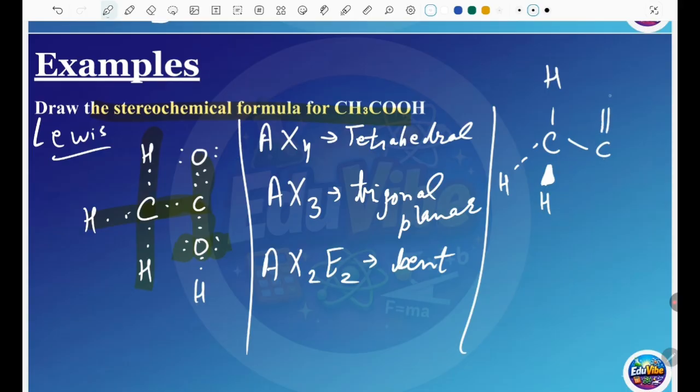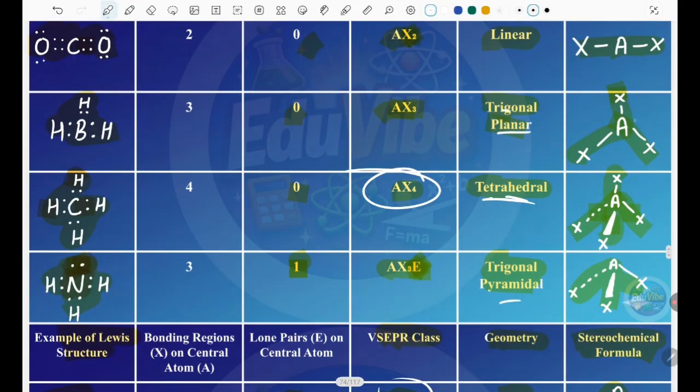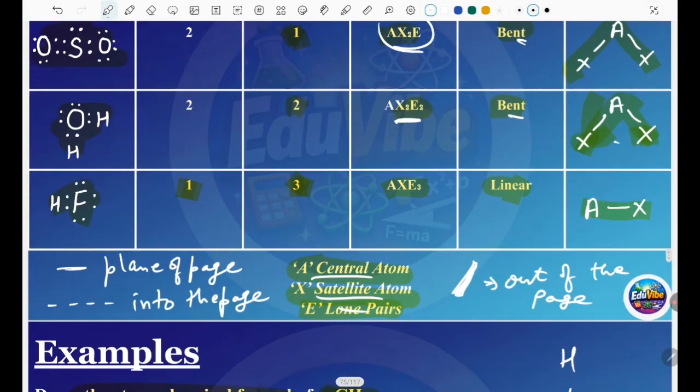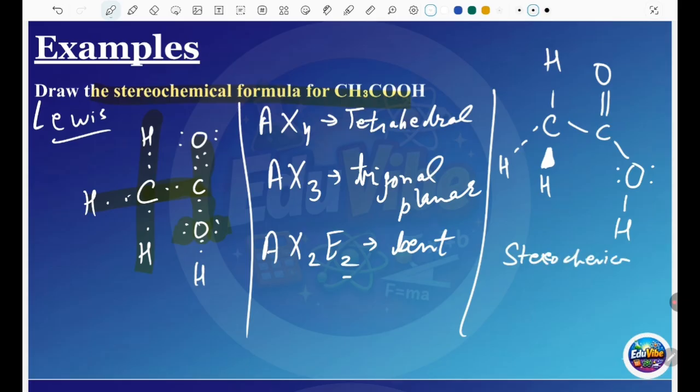So this goes with one O and one line, and this is the O we have. So we can make the trigonal planar like this one. So all are in the plane of the page. At last we have the O that has the 2 lone pairs, which is E2, and we have 2 X's, one is C and one is H. So like this you can make the stereochemical formula.